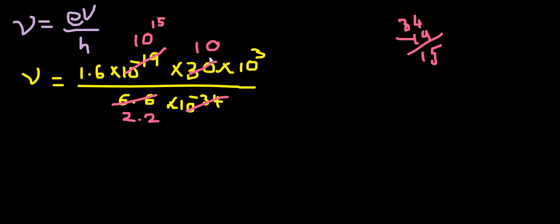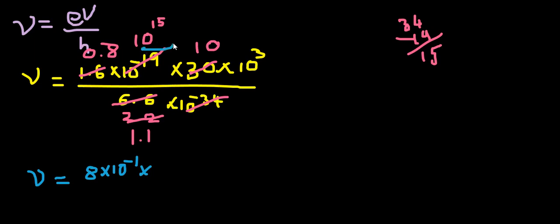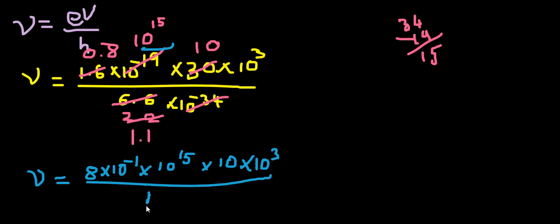Anything else that cancels? This is 1.1, and this is 0.8. So the remaining value I will write on the next line, that is mu is equal to 0.8, which can be written as 8 into 10 power minus 1, into 10 power 15, divided by 1.1 into 10 power 3. 1.1 is approximately equal to 1.